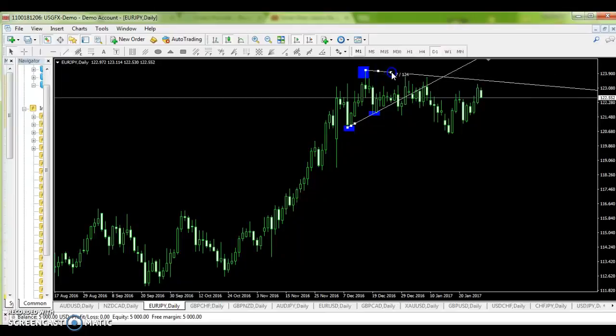Okay, so I have drawn the two trend lines, the downward trend line and the upward trend line, right? So after this, here was the chance when I was to enter for sell. As per the rule, there is an entry of mine for sell. My stop loss would be around there, right?